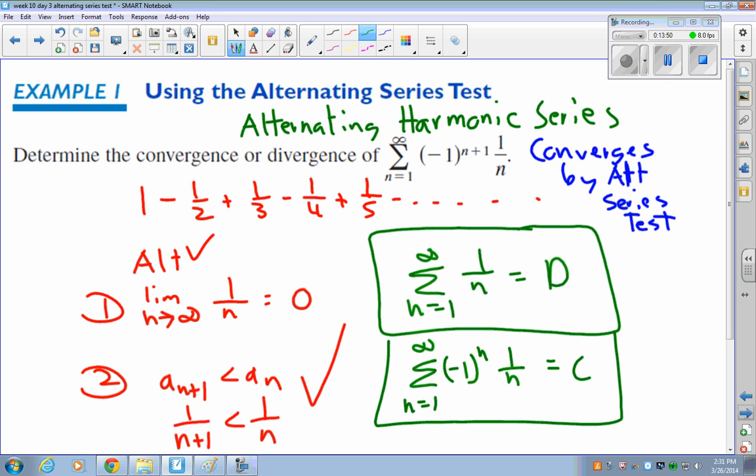Okay? Yep. So, I'm just a little confused about series versus sequence. I know that series is when it's being added up, and sequence is just the terms. So these dots are the sequence.